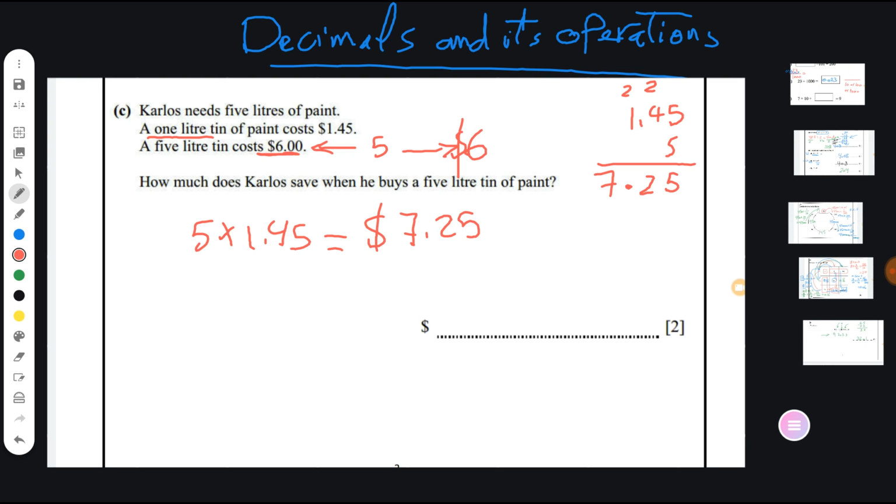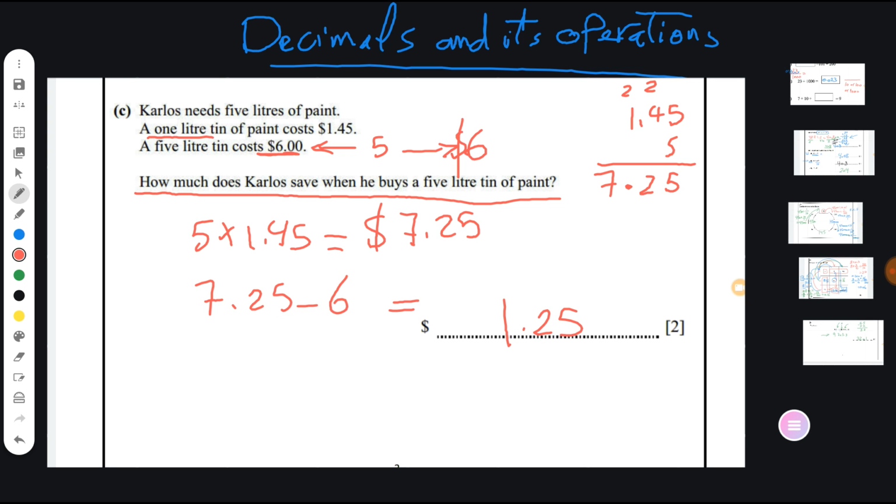Because what is he asking for? How much does Carlos save when he buys a 5 liter tin? He will save how much? So we will subtract. In this case, we need to subtract to know the amount of money saved. Okay? So 7.25 minus 6 US dollars, which will equal 1.25.